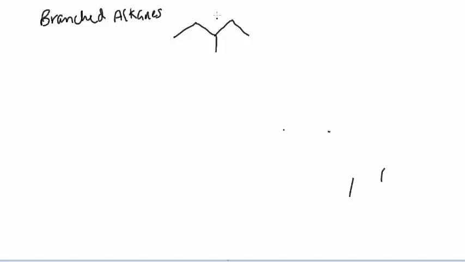And that could occur either with this CC bond or with this. When it occurs with this CC bond, that will actually produce the better fragmentation result. Let's take a look then.